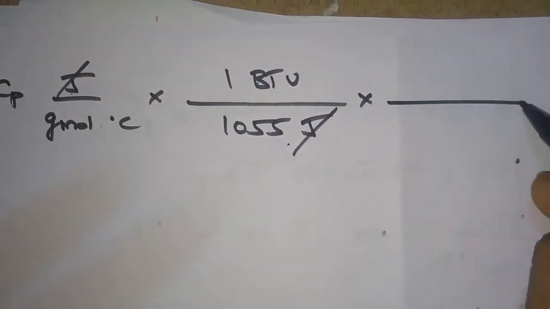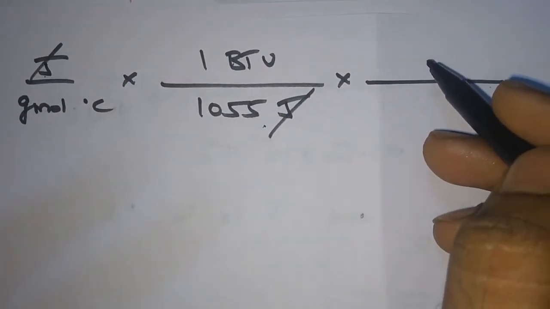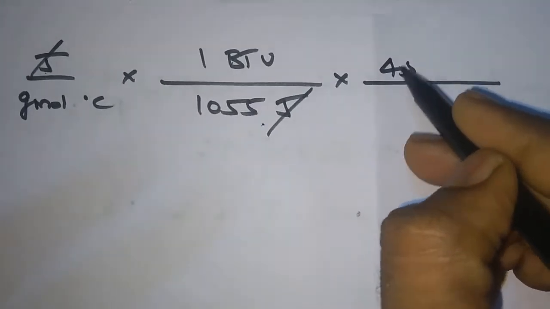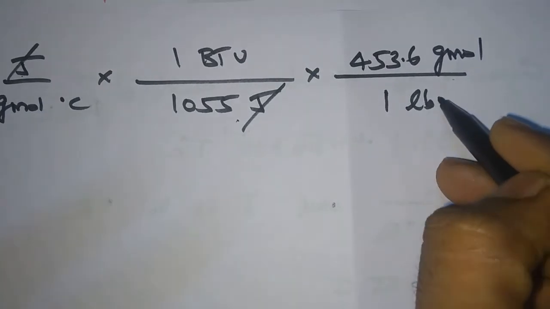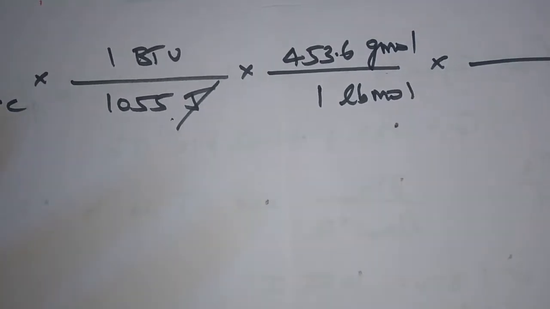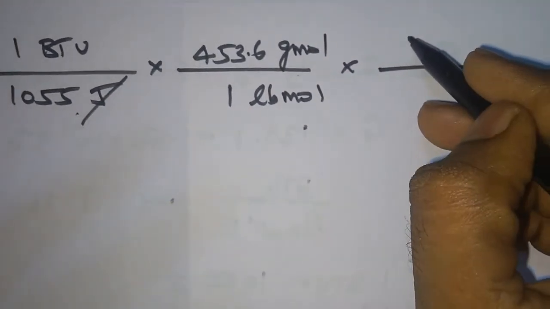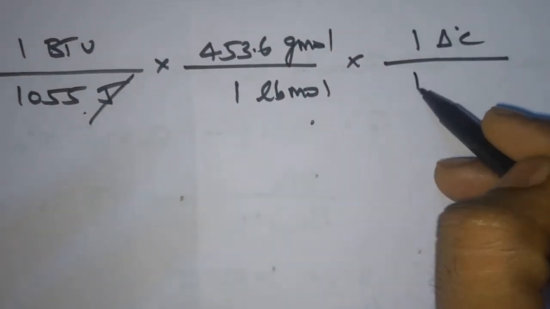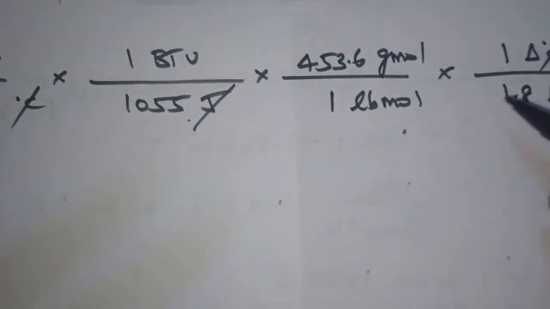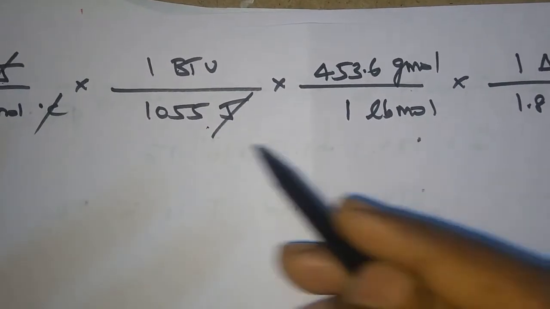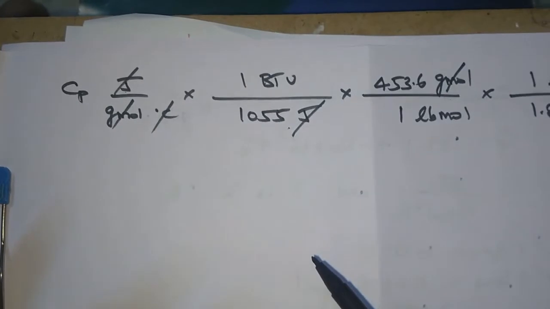Now this gram mole has to be converted, so gram mole goes in the numerator. 453.6 gram mole is equal to 1 pound mole. Multiplied by, here degree Celsius is there, so we use 1 delta degree Celsius is equal to 1.8 delta degree Rankine. So the degree Celsius gets cancelled, and this gram mole and this gram mole get cancelled.